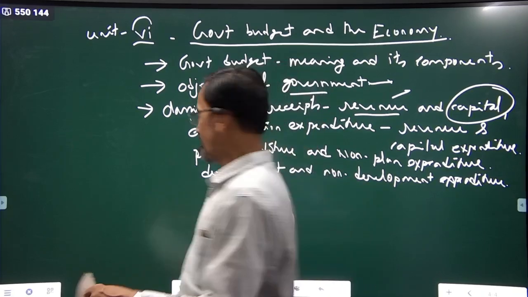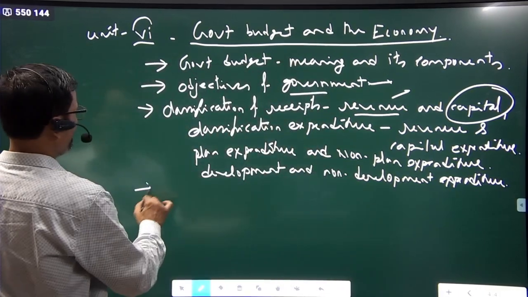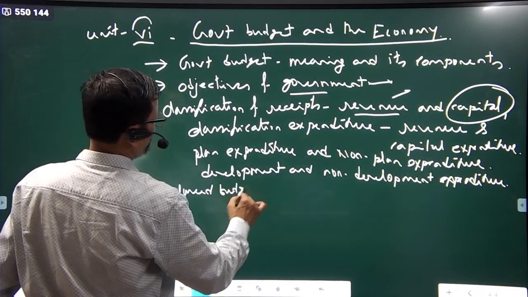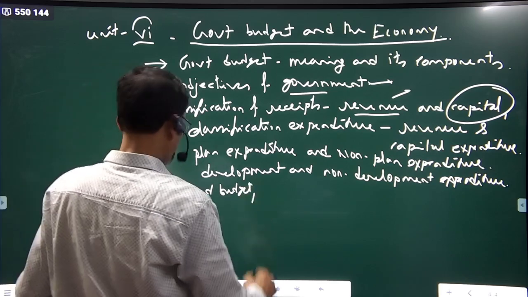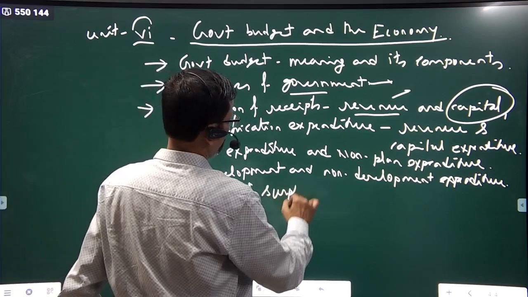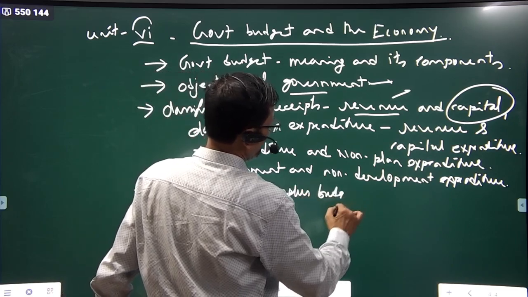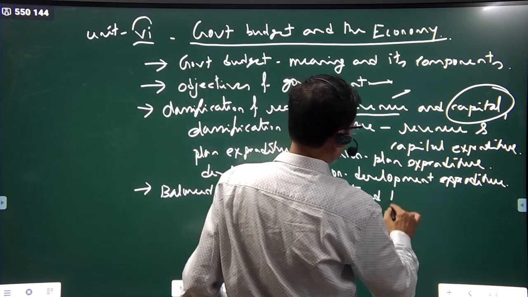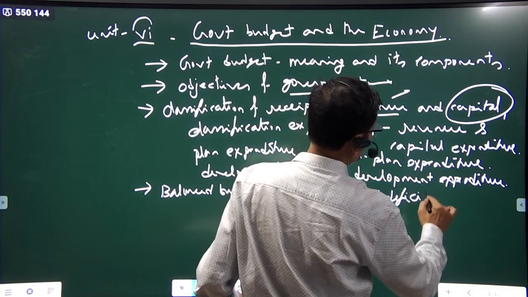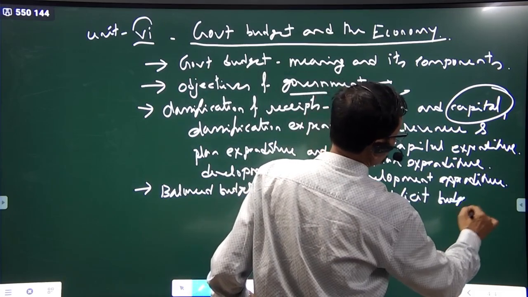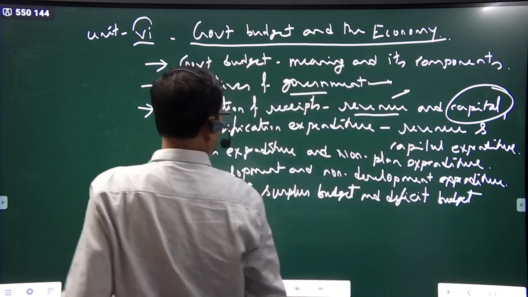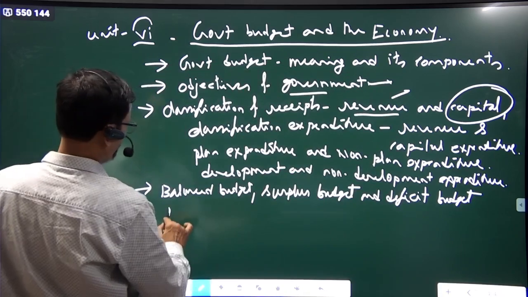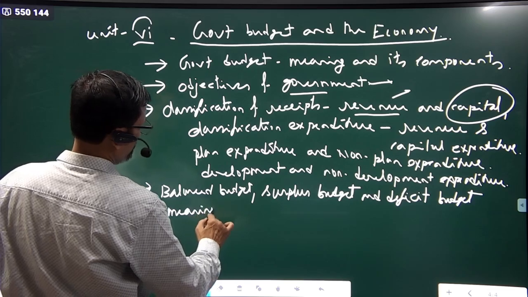Next heading, balance budget, surplus budget and deficit budget: meaning and implications.